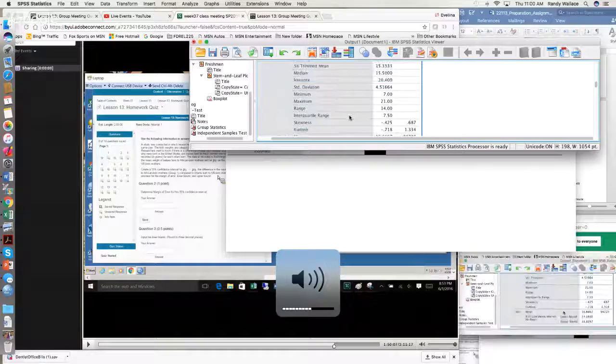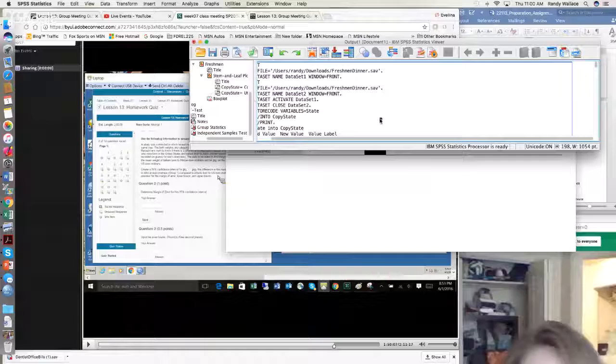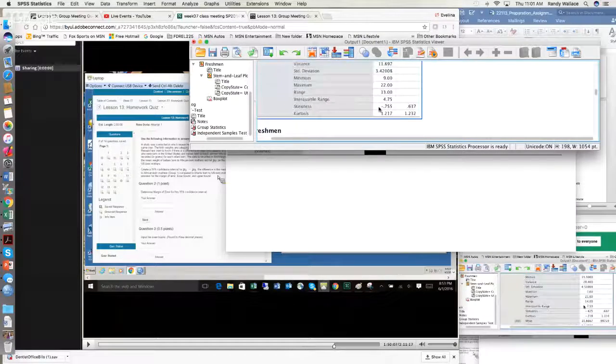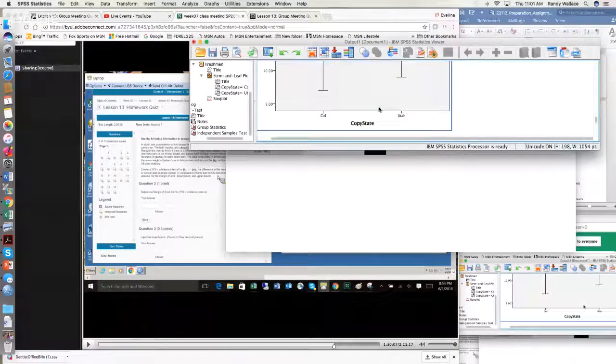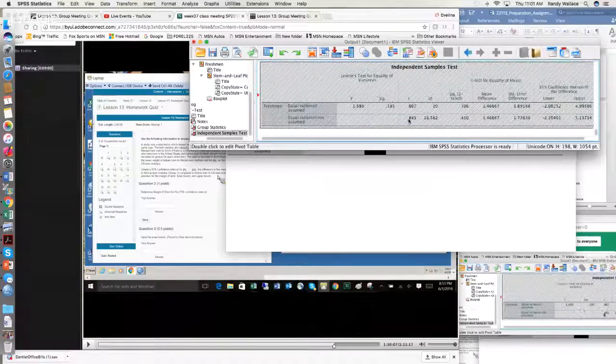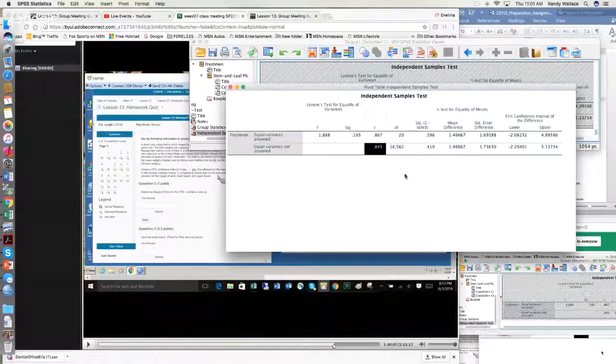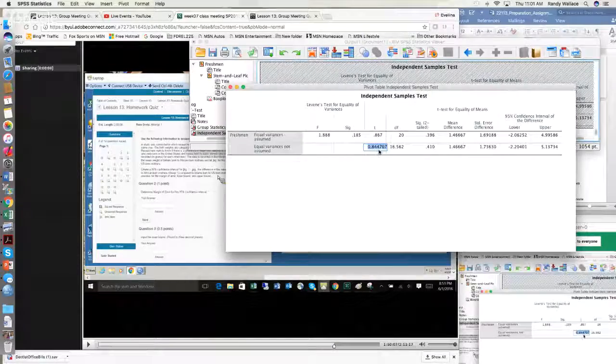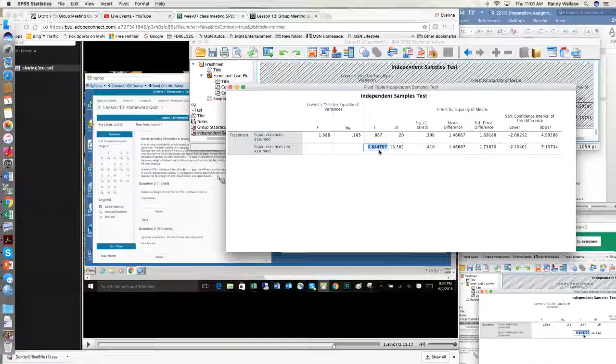Did we need to round it? I opened it up and it's rounded already. Where'd it go? It's 0.447. So that makes it 0.845.